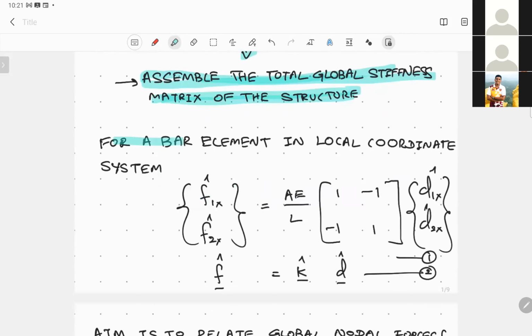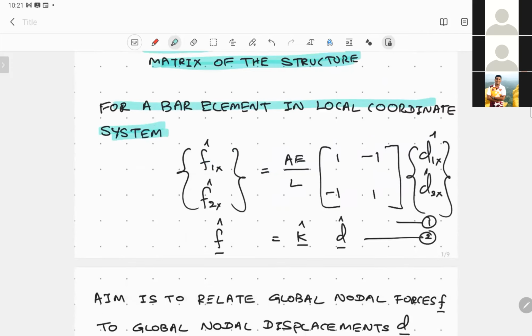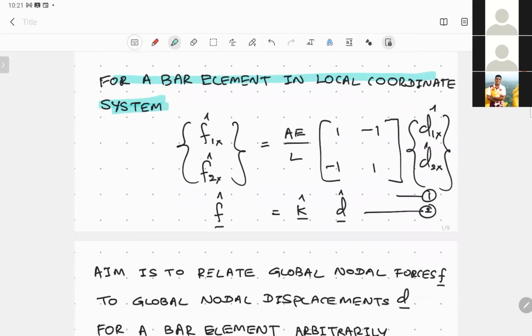So for the bar element, which we just derived in the local coordinate system, if you can recall, for a simple bar element, which has two nodes, the forces applied at 1 and 2 can be expressed using the hat sign, and the local nodal displacements can be expressed using the d hat signs, which are related via the stiffness matrix for the bar element.